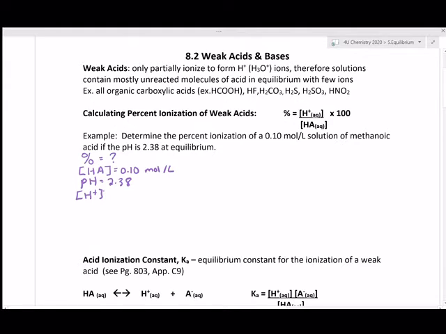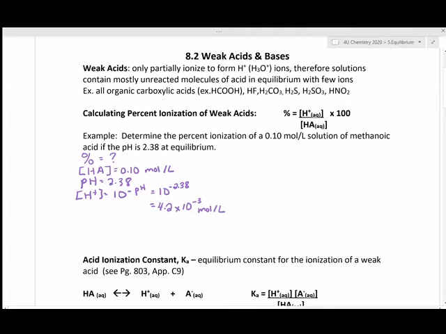So hydrogen ion concentration is going to be 10 to the negative pH, which is 10 to the negative 2.38. When you use the second function of your log button on your calculator, you should get 4.2 times 10 to the negative 3 moles per liter.